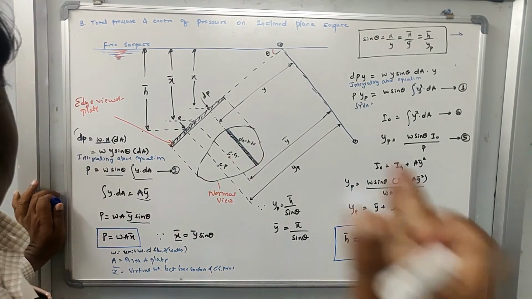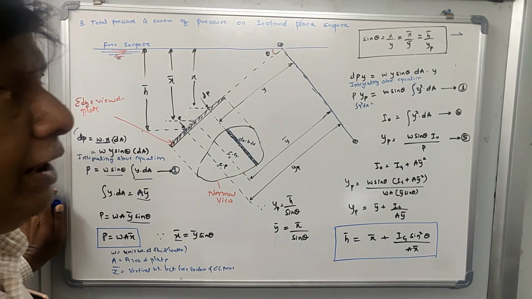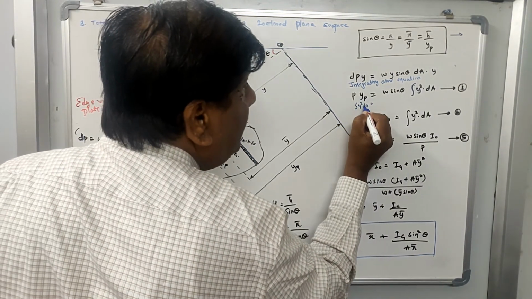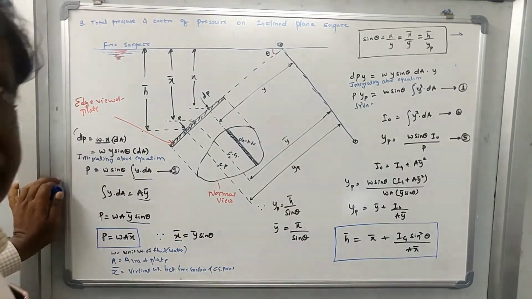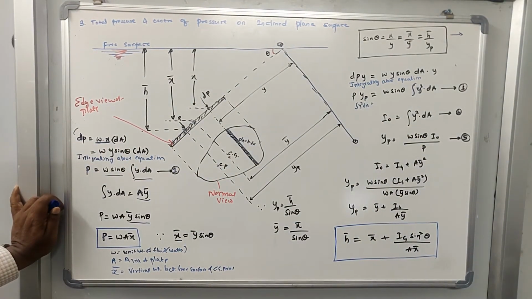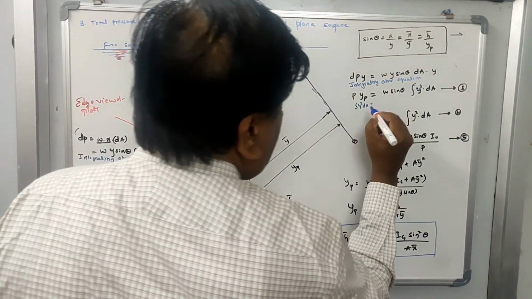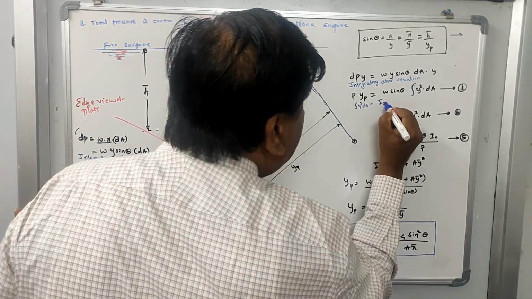Again taking the moment of that about the same axis OO, it is y dA into y. So the integration of y square dA is nothing but the second moment of area, which is the moment of inertia.